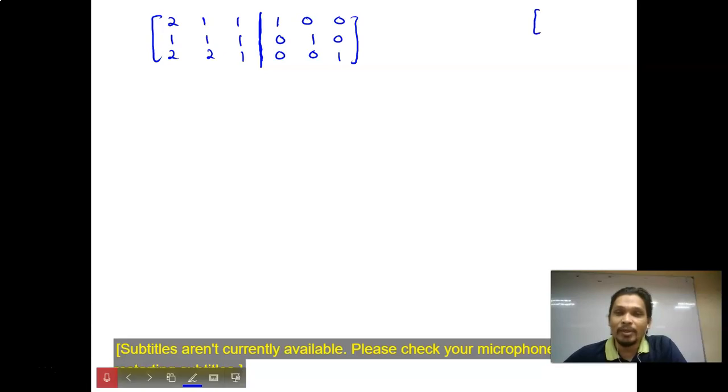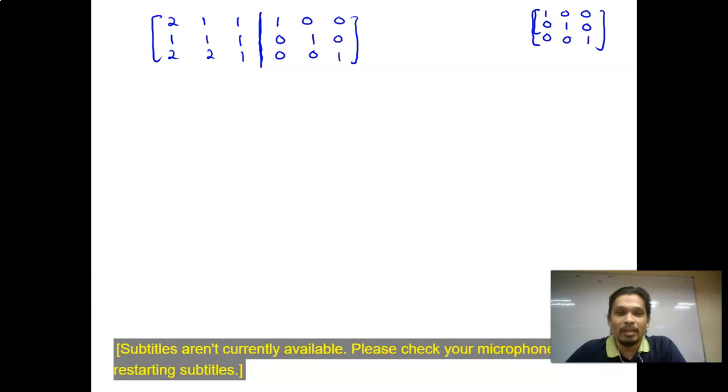Okay. Now, this is our reference 1 0 0, 0 1 0, 0 0 1. So this is our reference now. Luckily, it gave you 1 here. So I think that I'm going to switch the position between row number 2 with row number 1. Interchange, row 2 swap with row number 1.